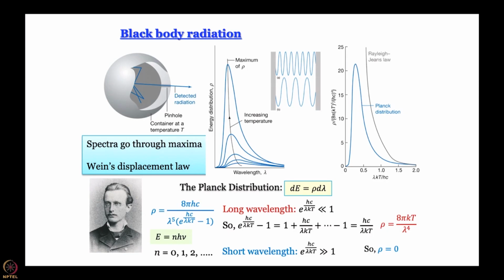Planck's goal was simply to get a distribution that can explain black body radiation. While doing so, two important things came up. First, we get to learn that at the atomic and molecular level energy is quantized. We get to know what Planck's constant is, and as we will see over the course, Planck's constant is a fundamental constant that we use all the time in quantum mechanics.